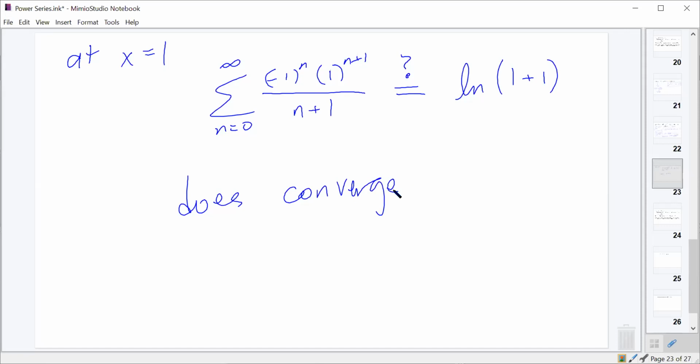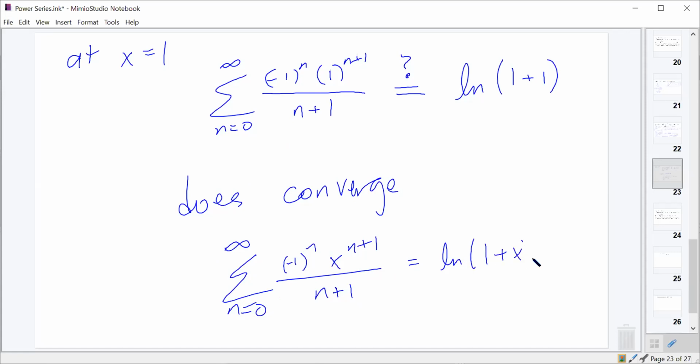And you will want to also memorize this series, that the sum from n equals 0 to infinity of (-1)^n x^(n+1) over n plus 1 equals the natural log of 1 plus x for x from -1 to 1, inclusive on the 1, but not on the -1.